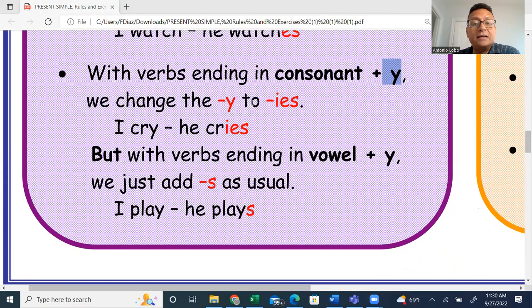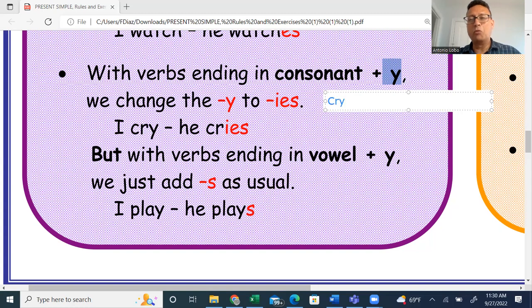If the verb finishes with the letter Y but it has a consonant before it, you see?